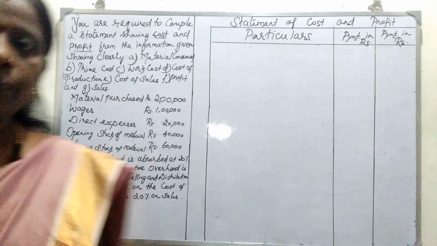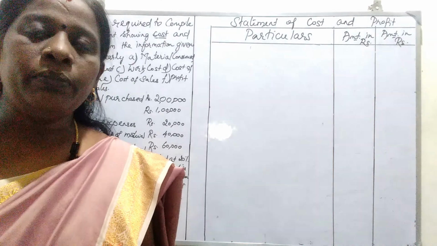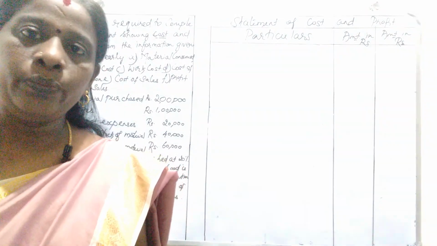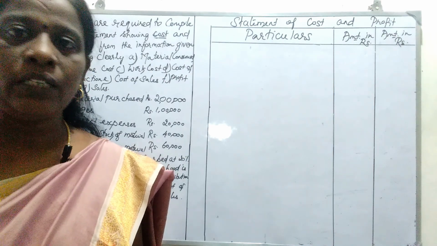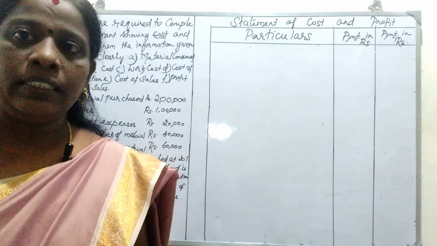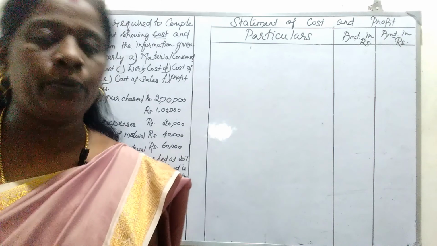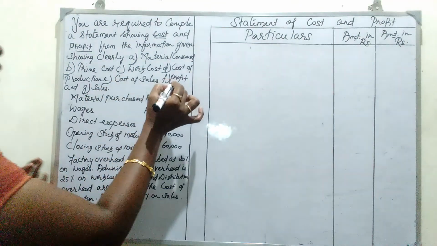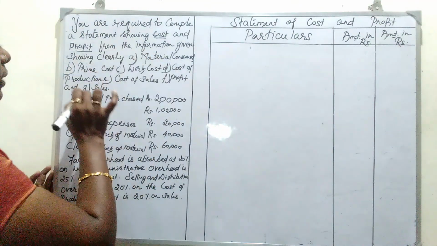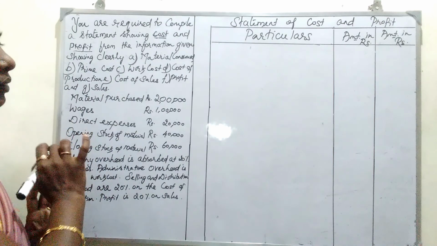In most problems they provide the sales value, otherwise the profit value. We have to find any one. If the sales value is given, we have to find the profit. If the profit value is given, we have to find the sales. But in this problem, they are asking for profit and also sales.